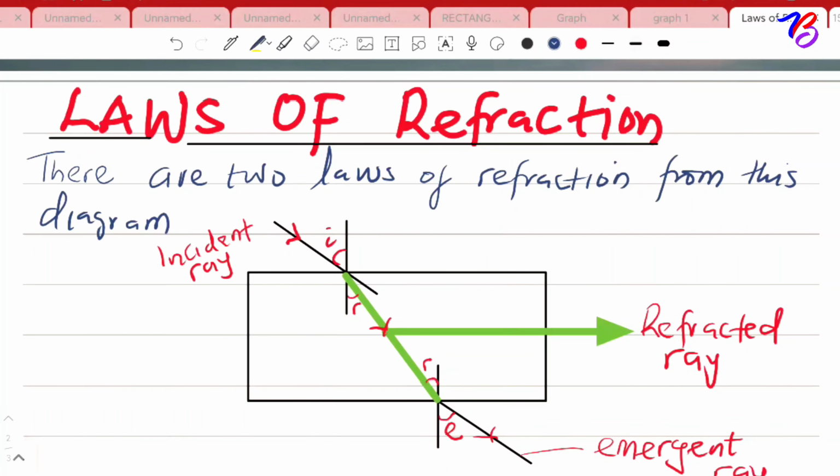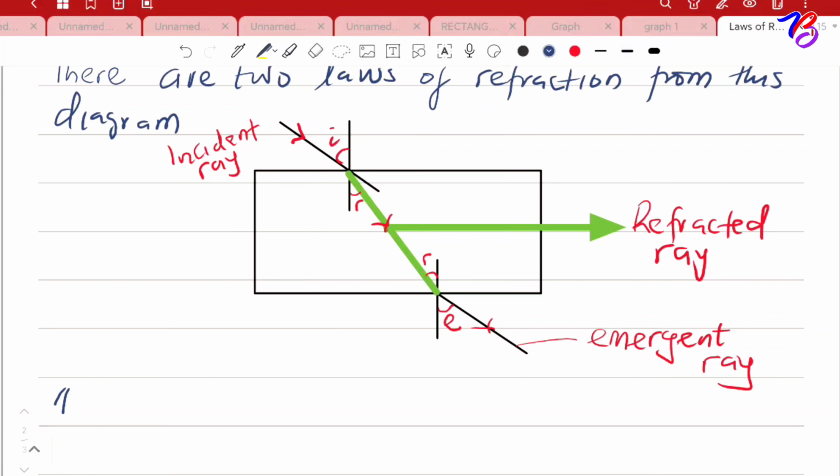Now let's capture the laws of refraction properly.